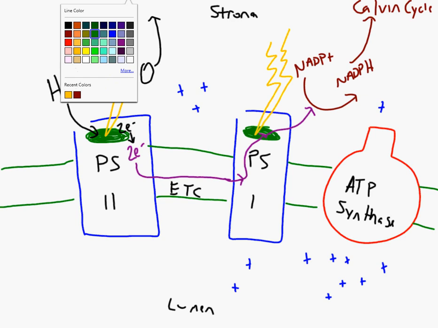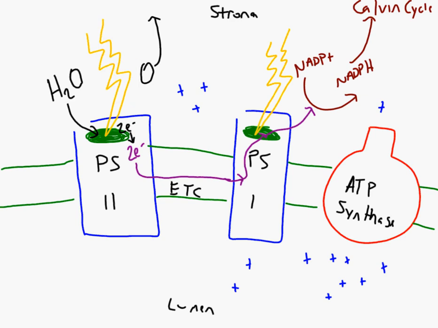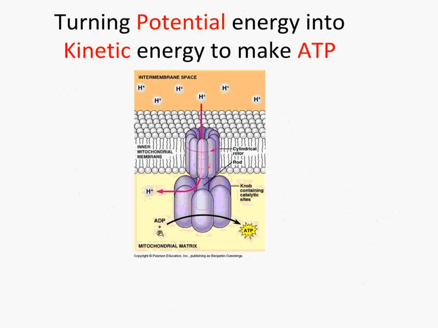Think of like a top or something spinning around. It transfers the energy of that diffusion into mechanical energy, causing ATP synthase to spin around. That spinning around, I think I have a picture of this here, yep, is going to create some kinetic energy in order to make ATP.